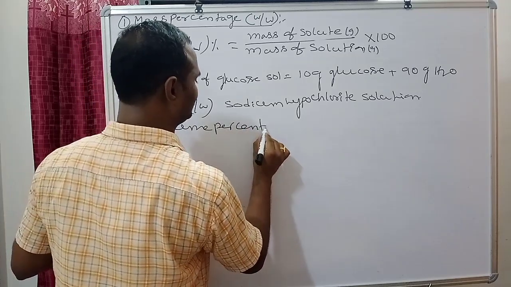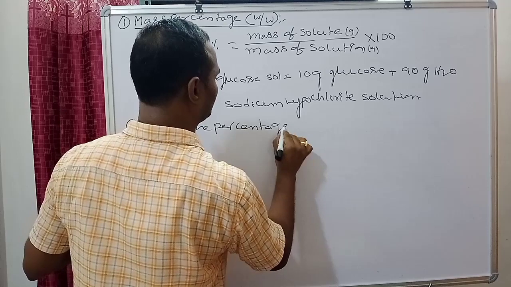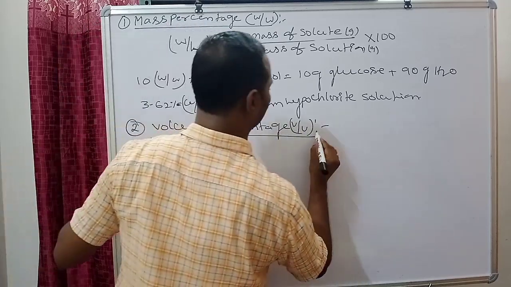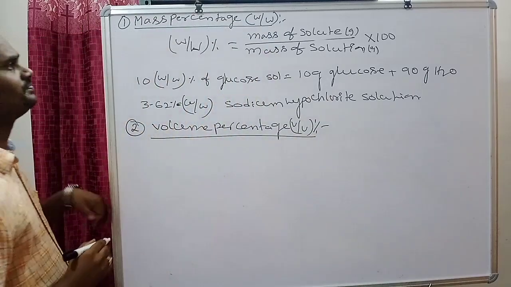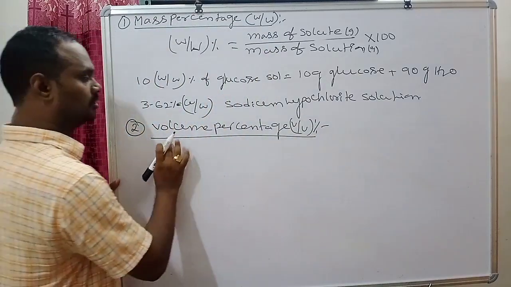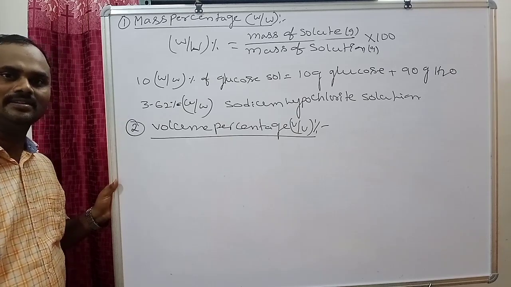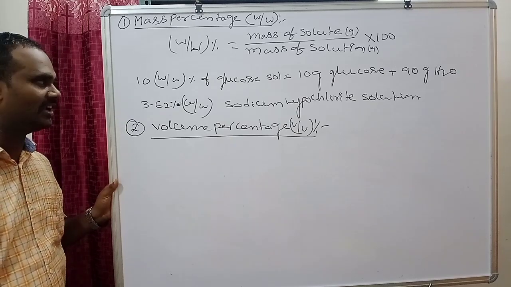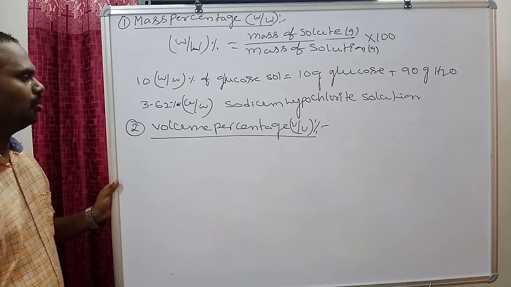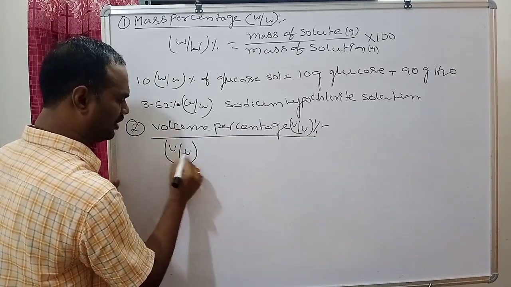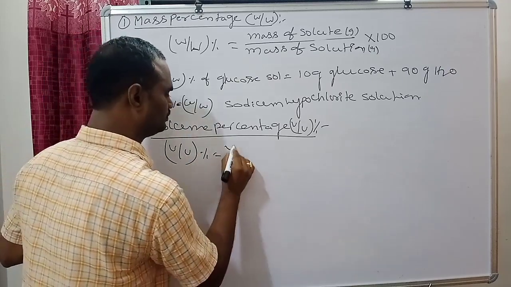Volume percentage. What definition are we using here? The volume of solute present in 100 ml of solution is called volume percentage, denoted with V by V percentage.